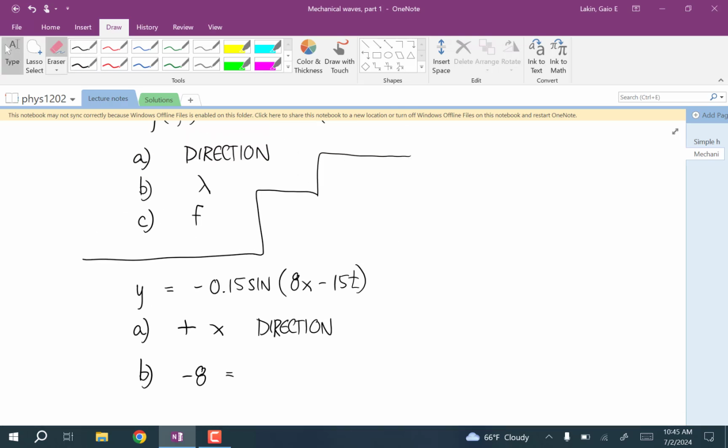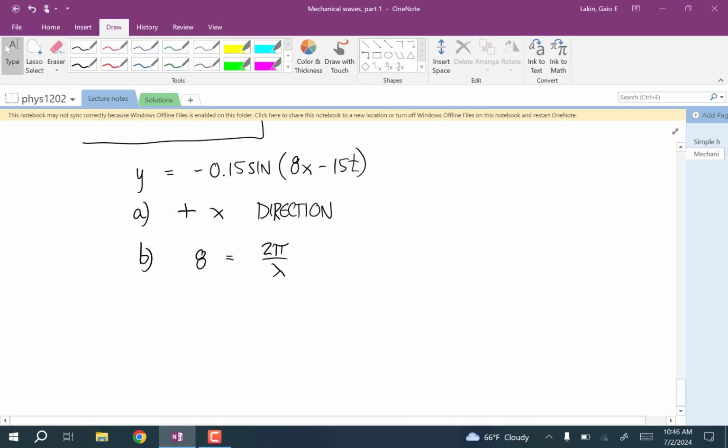Wait, why did I use that negative? The reason that I used the odd nature of the sine function is so that this would be positive, so we could compare more easily. Okay, so positive 8 is equal to 2 pi over lambda.